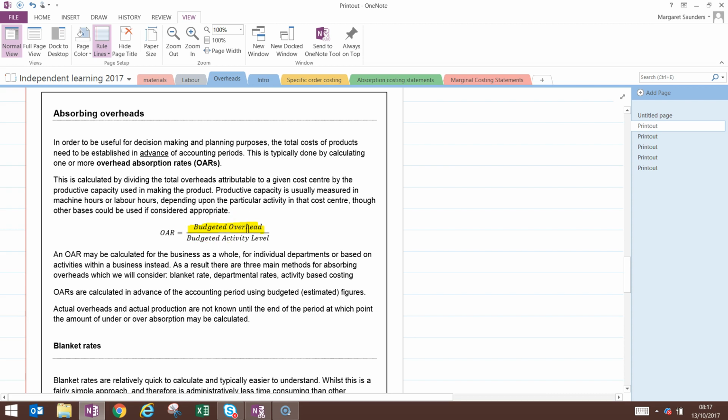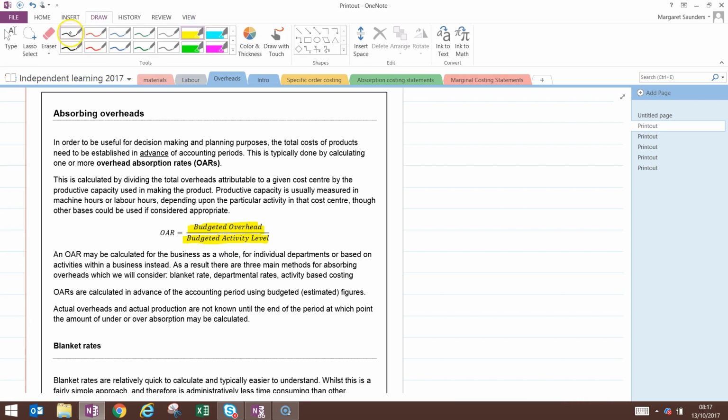and dividing it by the budgeted activity level. What we mean by activity level is either dividing it by labour hours, as we did in the example with Adam and Bernard, or we can divide by machine hours.